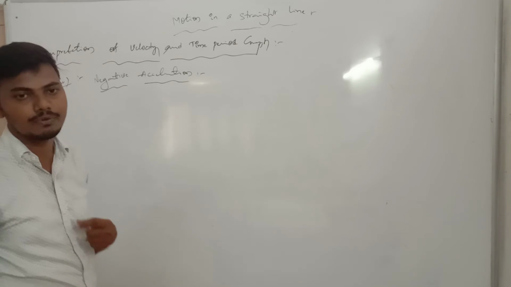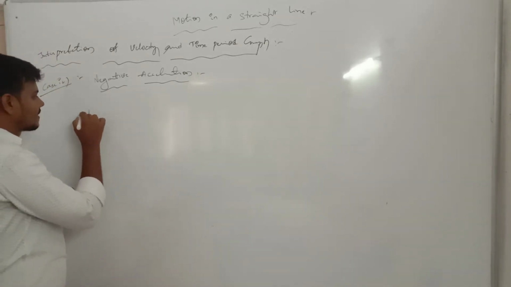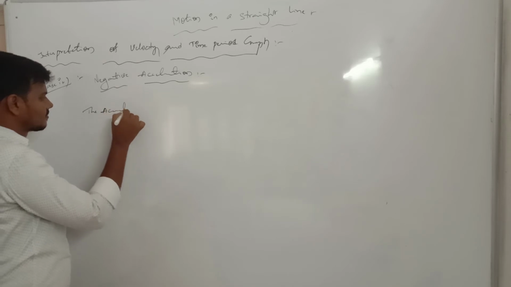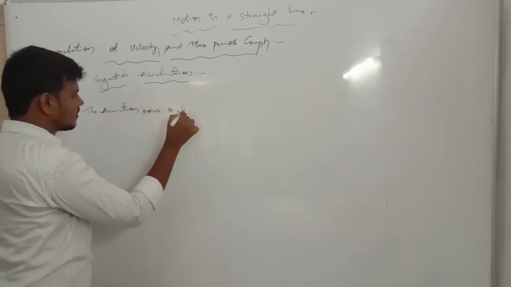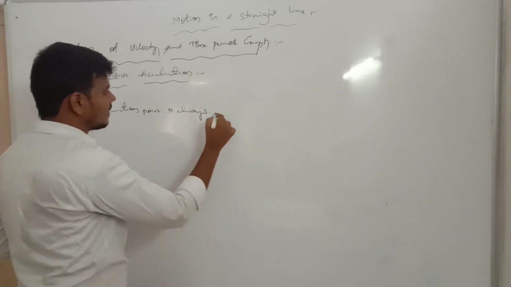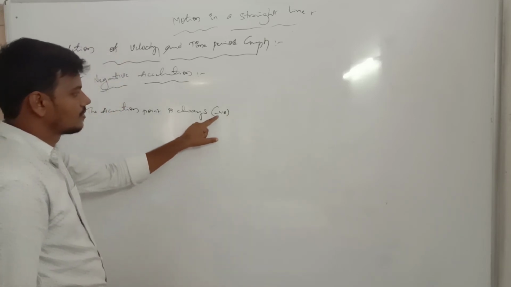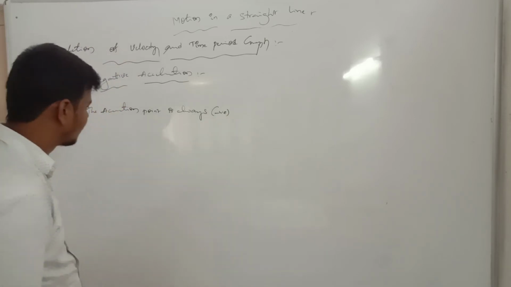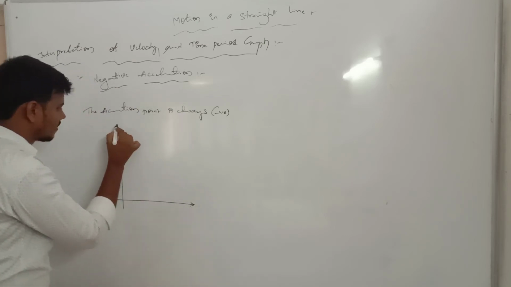Now negative acceleration means the acceleration point is always a negative sign. This is the graph of the point.